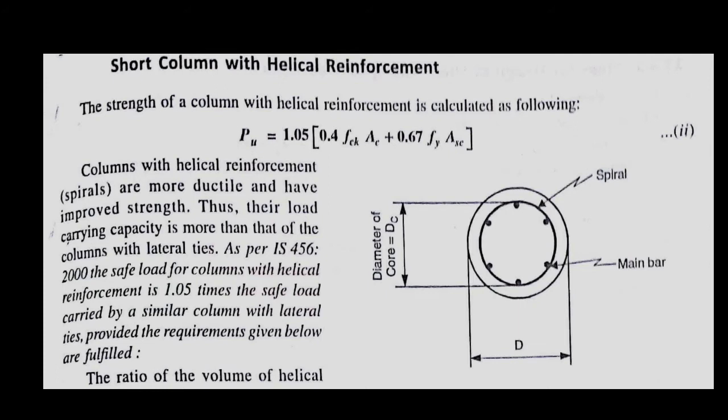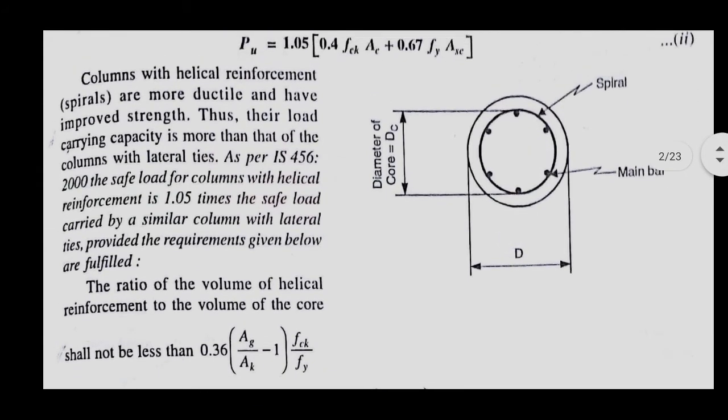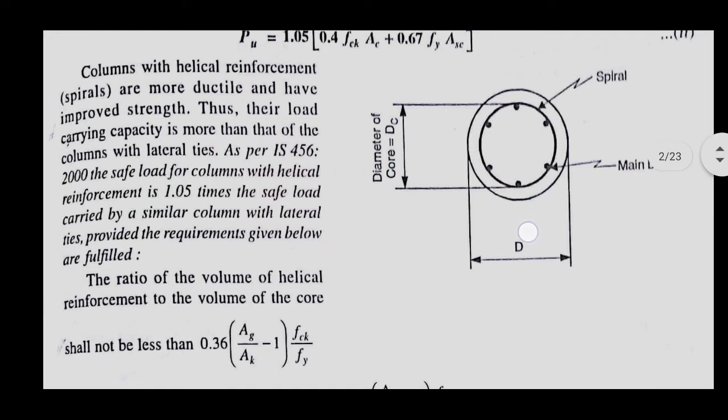As per IS 456 2000, the safe load for columns with helical reinforcement is 1.05 times the safe load carried by a similar column with lateral ties, provided the requirements given below are fulfilled, which we read in the code also. The ratio of the volume of helical reinforcement to the volume of the core shall not be less than 0.36 into (Ag by Ak minus 1) into fck by fy.